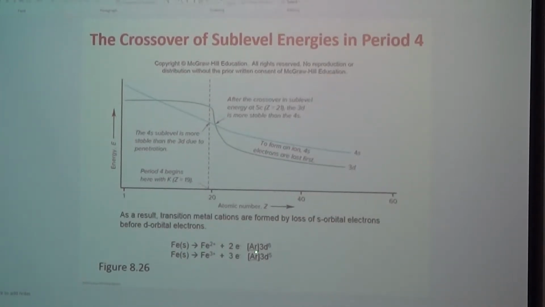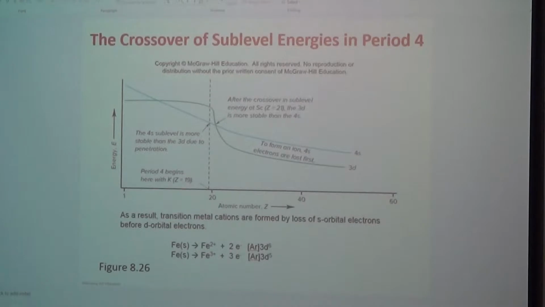So when iron goes to iron 2 plus, we have this electron configuration, argon 3d6. And when it goes to iron 3 plus, then we have to start taking electrons out of the d orbitals. Okay? In Chem 2, when you do the chapter on transition metals, you'll come back and revisit this. But in transition metal ionization, the first electron comes from the s orbital, the second from the s orbital, and after that, you have to start taking from d orbitals.